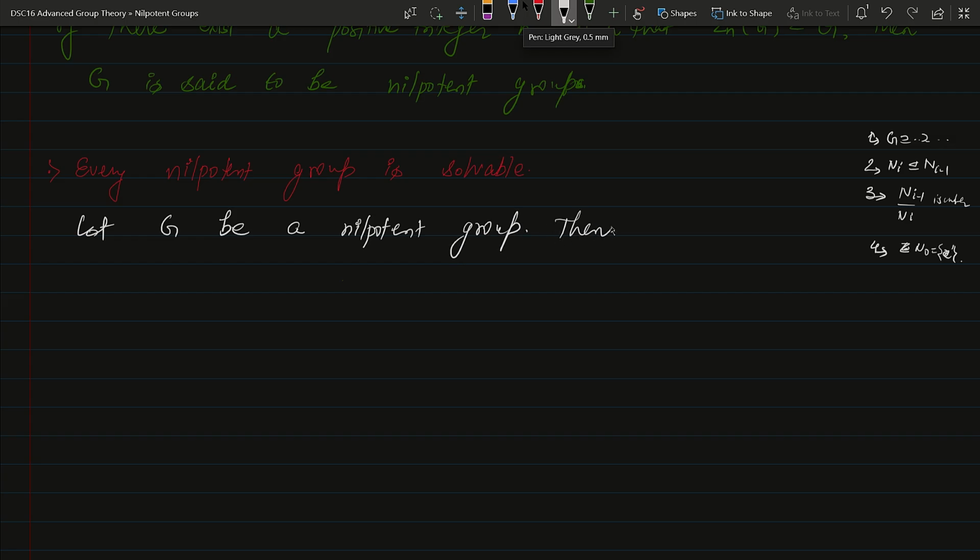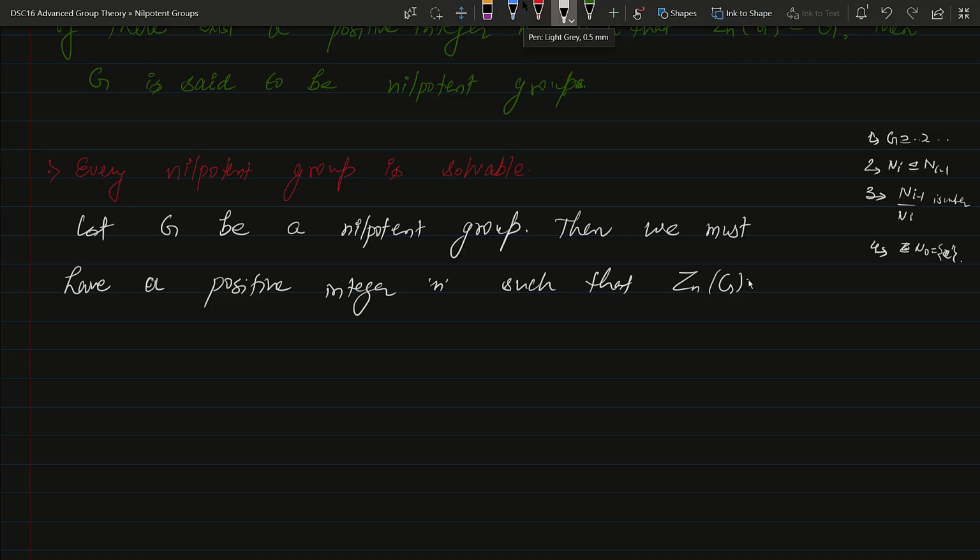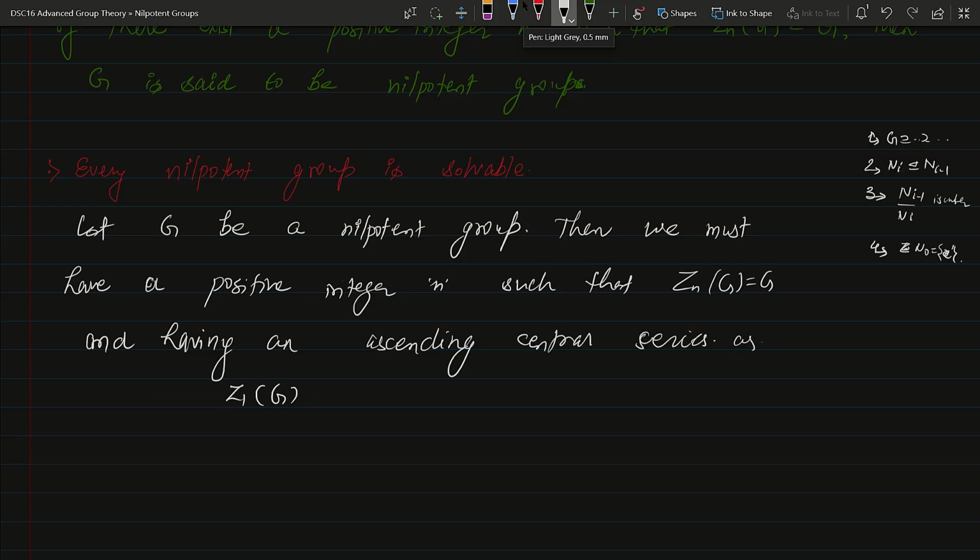Then we must have a positive integer n such that Zn(G) equals G, and having an ascending central series, we must have Z1(G) contained in Z2(G) contained in, and so on.